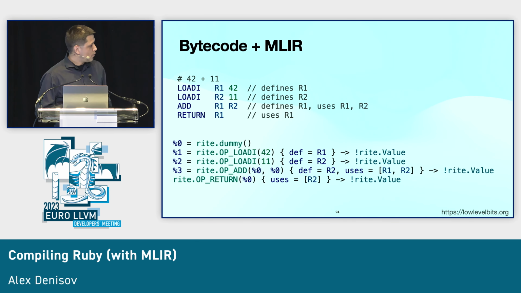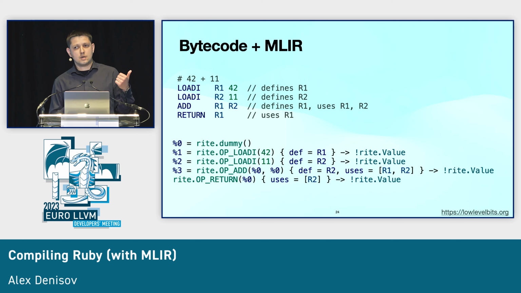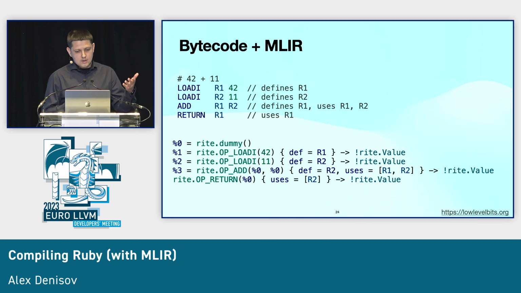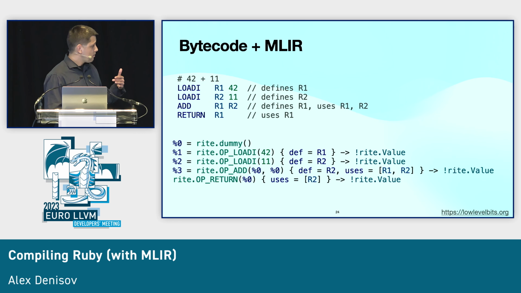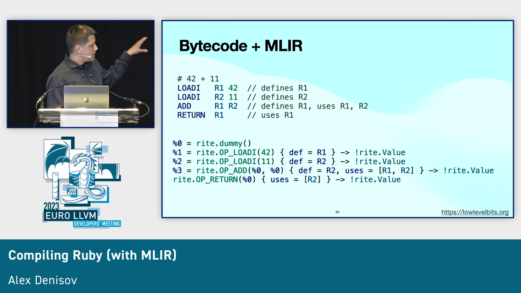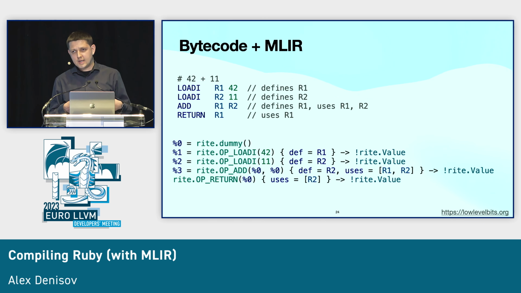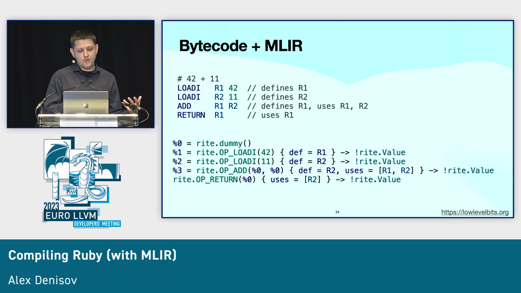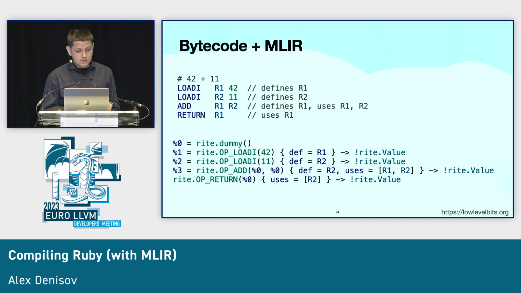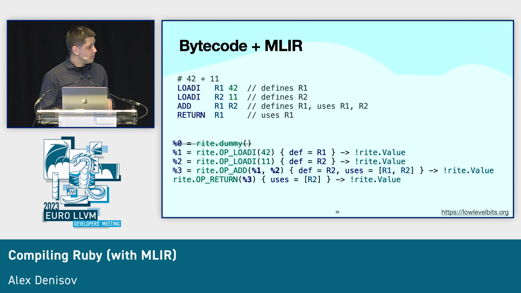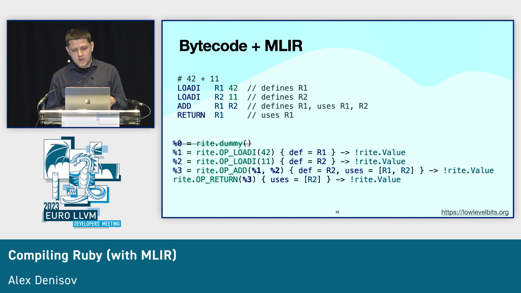Anyway, what I've done is extend those MLIR operations with some attributes like defines and uses, and by default, everyone uses some dummy instruction. Then I run this data flow analysis, and I know exactly which value should be used in which case. And that works like this.